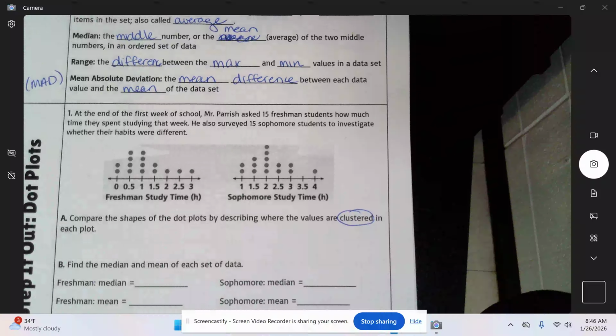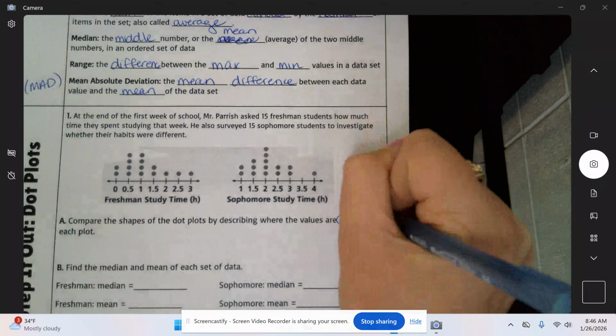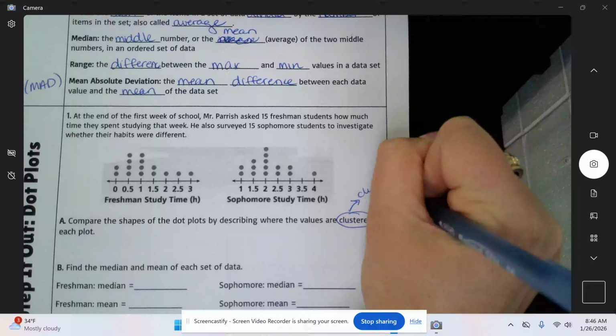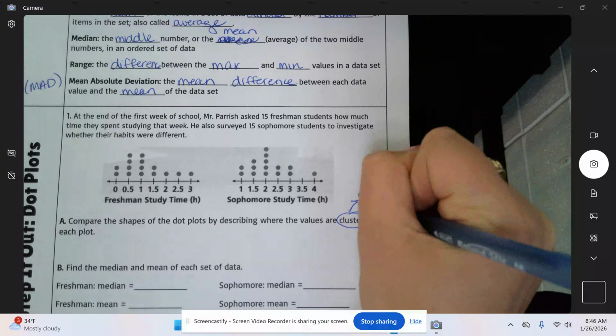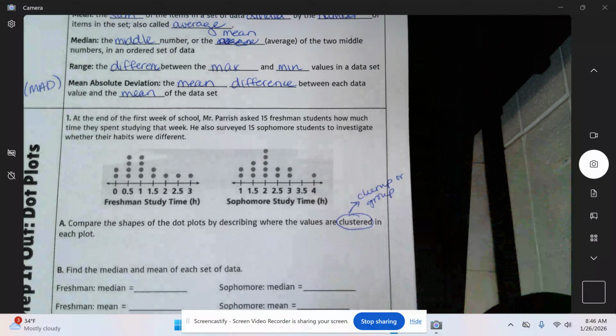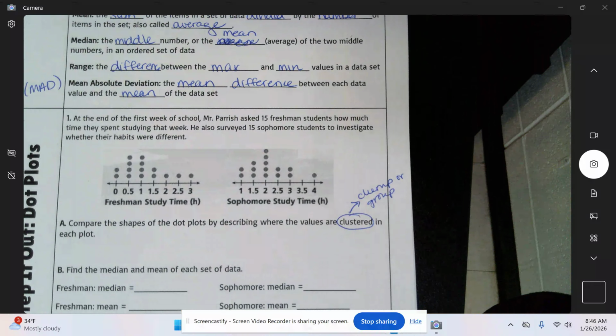What is a cluster? Like a bunch? Yeah, it's like a clump, or a group, right? So where do we see a large group in the freshmen?